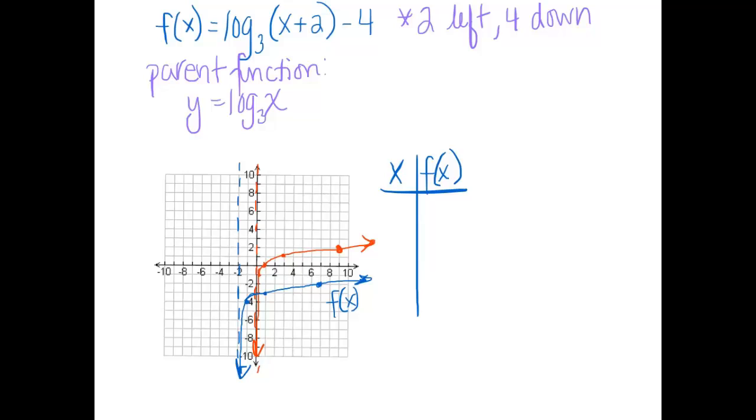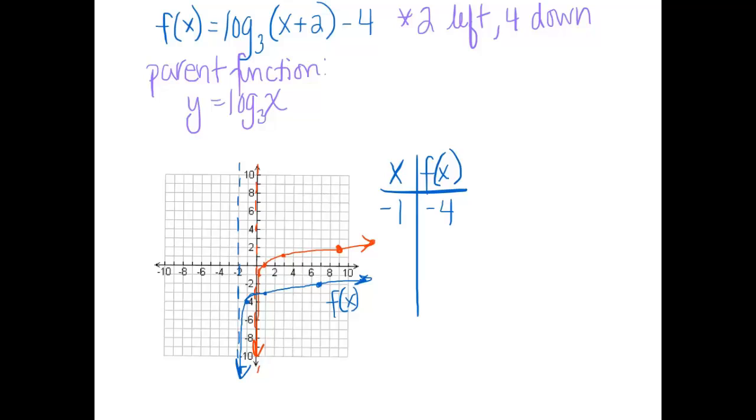So I just have to work a little bit backwards. I'd like to figure out log base 3 of 1. So what do I have to plug in so that x plus 2 is 1? That would be negative 1. Now I have log base 3 of negative 1 plus 2 minus 4, or log base 3 of 1 minus 4. Log base 3 of 1 is 0. 0 minus 4 is negative 4.